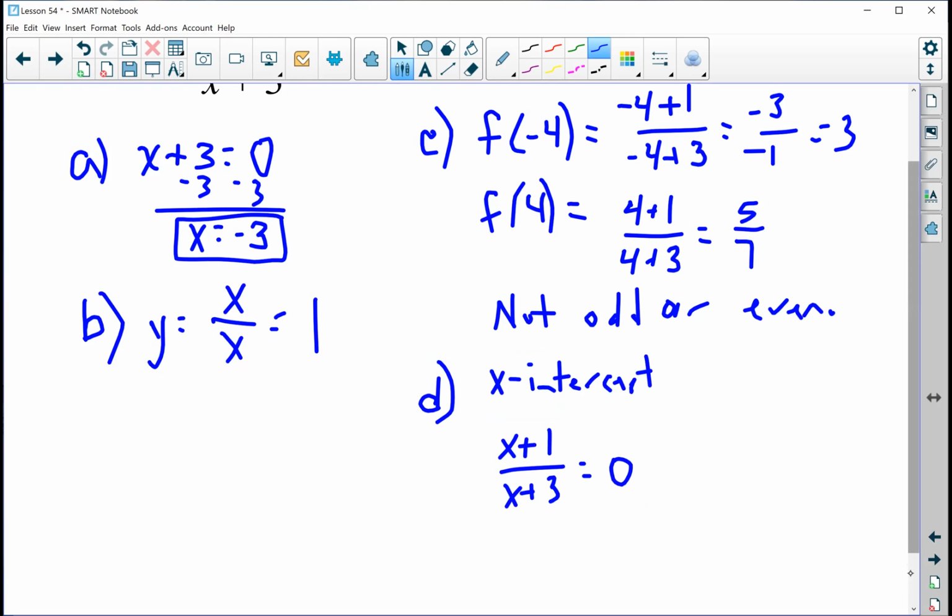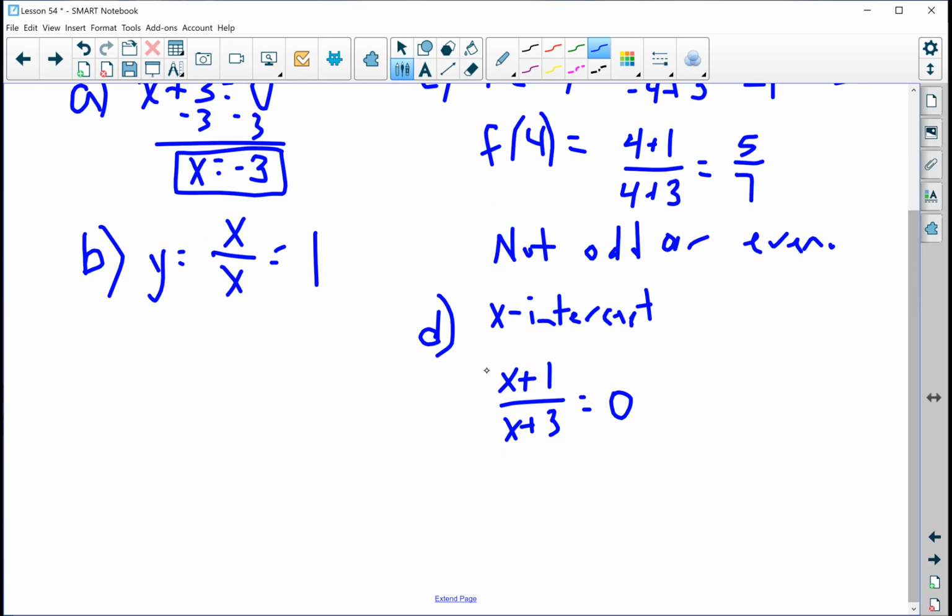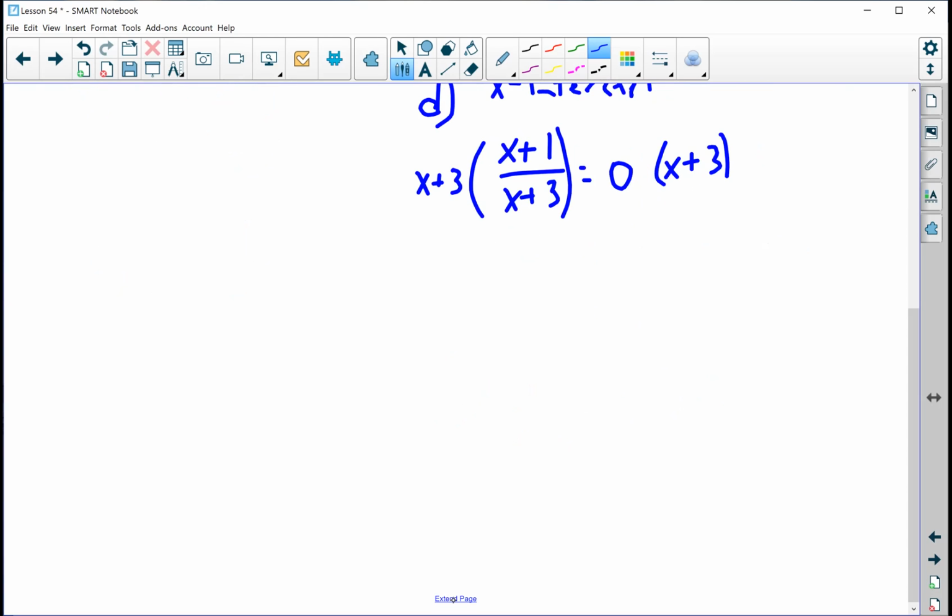So to solve this, what I would do is multiply by that x plus 3 that's in the denominator. And the reason I'm going to do that is on the left-hand side, they cancel out. It just leaves me with x plus 1.